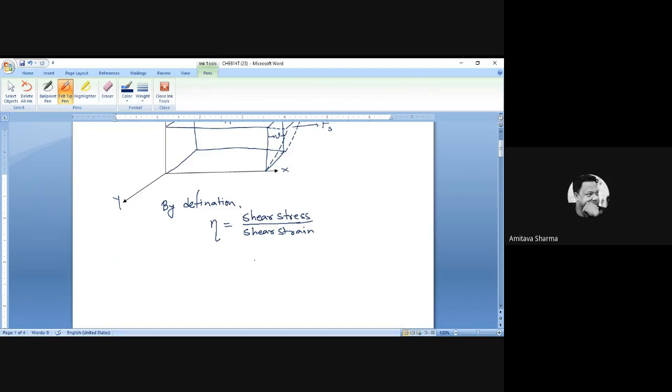What is the stress? Stress equals force by area. We know that strain equals del V by del Y. It's a simple thing. This is equation 1.